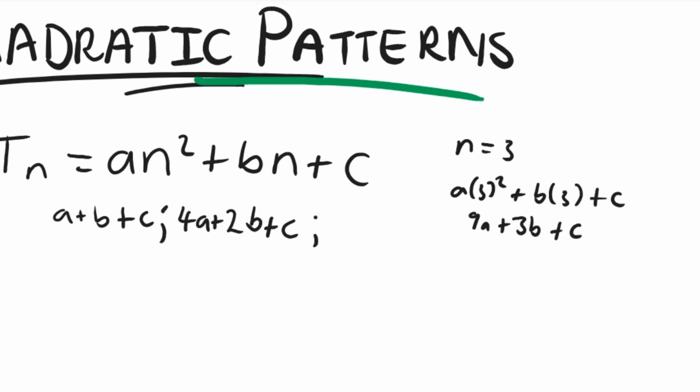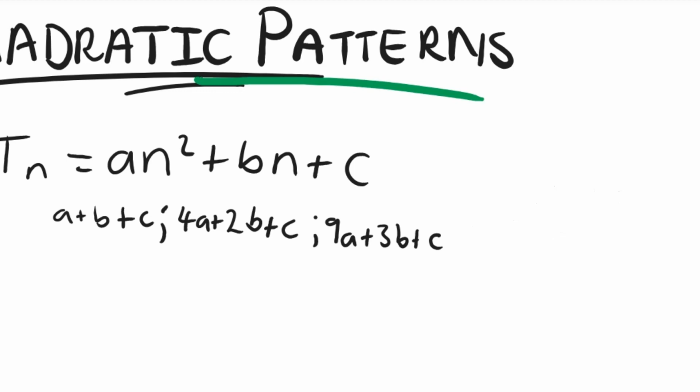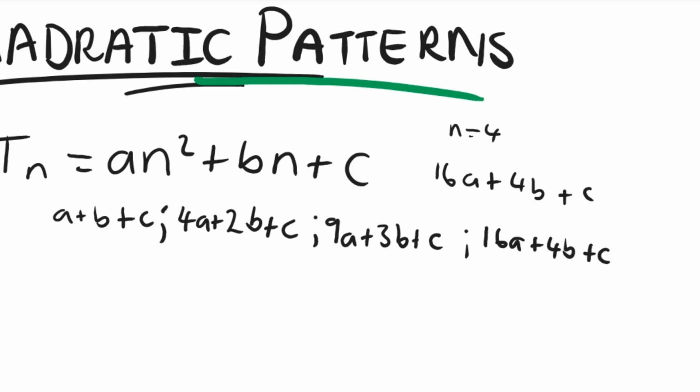Our third term is given by 9a plus 3b plus c. When n is 4, we have 16a plus 4b plus c. So our fourth term will be 16a plus 4b plus c, and so on.